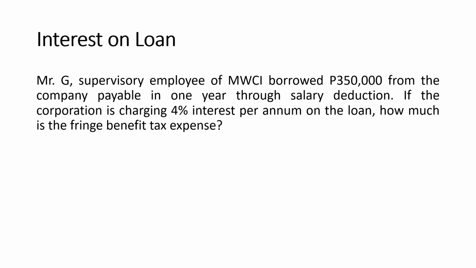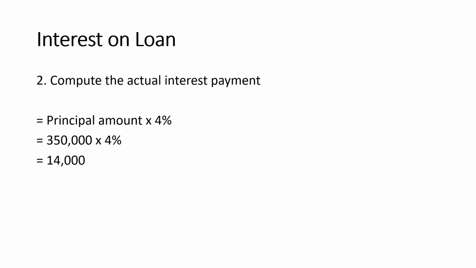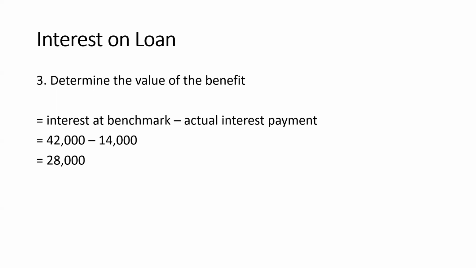How much is the fringe benefit tax? So the difference between 12% and 4%, yun ang interest na subject sa fringe benefit tax. So, compute the interest at benchmark rate, 42,000, dapat ang bayaran niya. Pero binayaran lang niya na actual ay 4% or 14,000. The difference na 28,000 would be the value of the benefit.